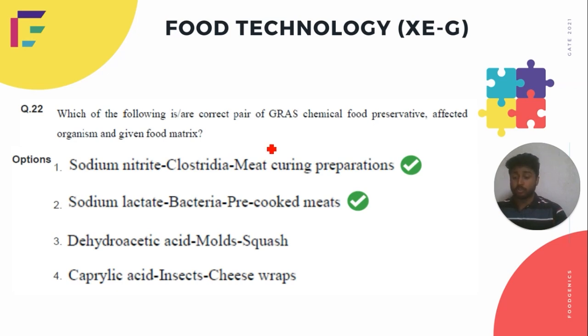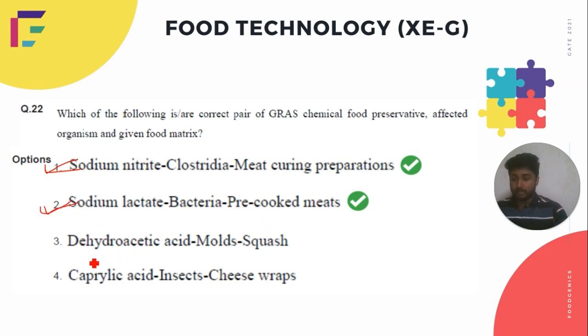Sodium nitrate is basically used as a curing agent in meat products, which suppresses the growth of Clostridium botulinum. So this option 1 is absolutely correct. Now coming to option 2, sodium lactate is used in pre-cooked meat in order to prevent the growth of pathogenic bacteria. So this is also a correct option.